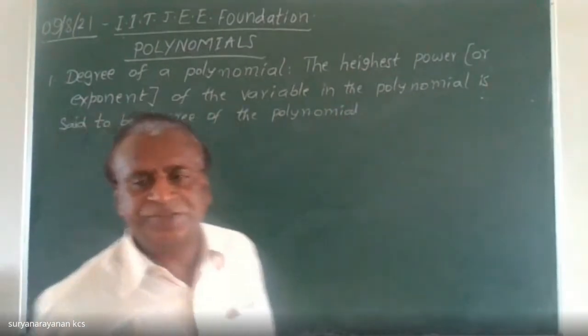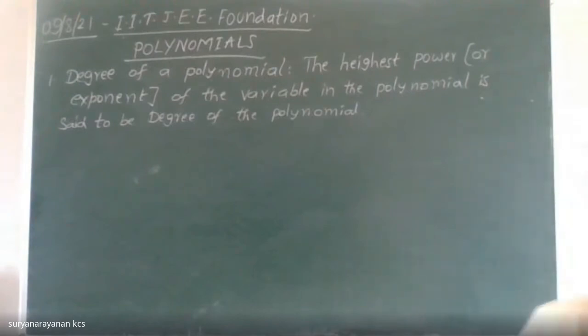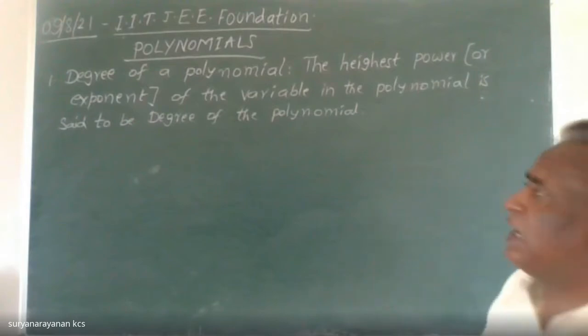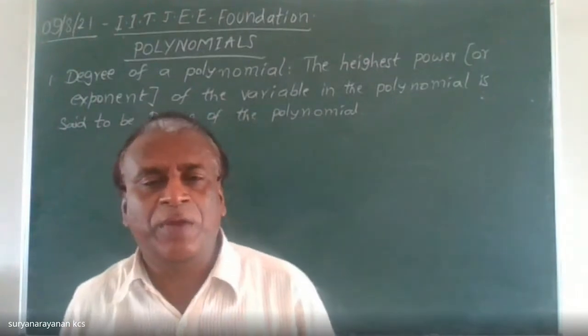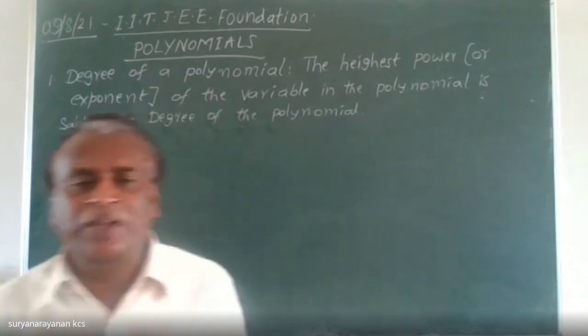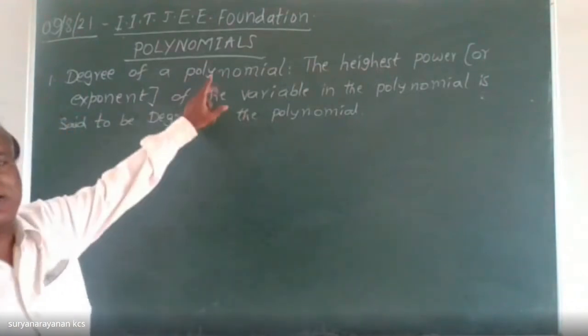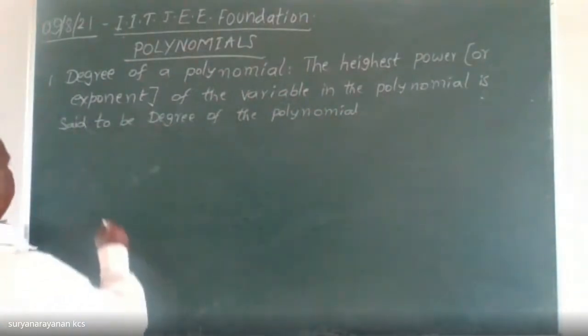This is the definition of degree of a polynomial. So the highest power, the highest exponent of the variable in the polynomial is said to be the degree of the polynomial. To understand this concept, let us take some examples.